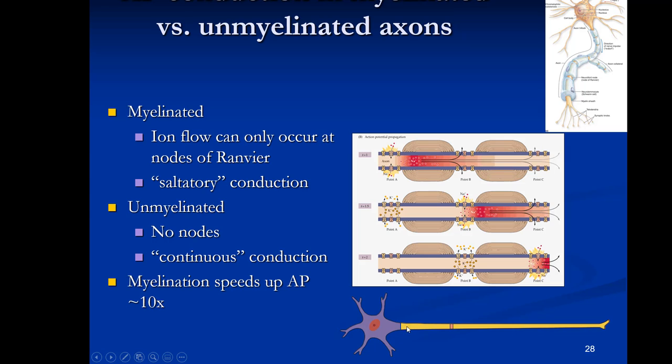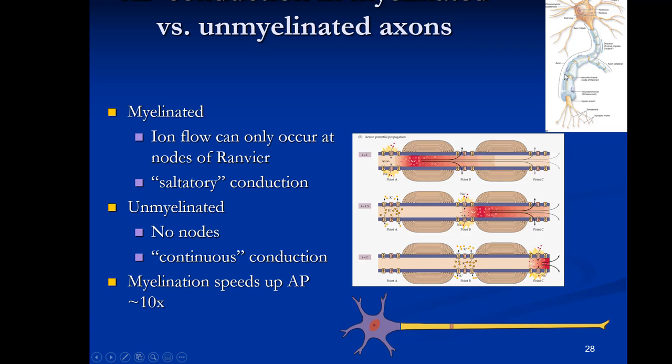We call this action potential on an unmyelinated axon continuous conduction, meaning every little section of that axon has to be depolarized and repolarized. If you compare that to a myelinated axon, you have the big Schwann cells or oligodendrocytes, whichever nervous system you're in, covering it up, right?